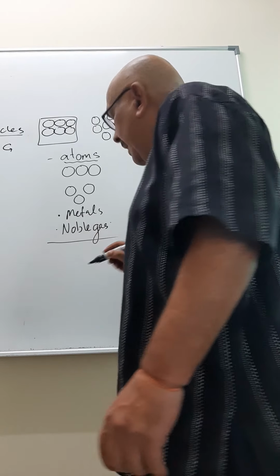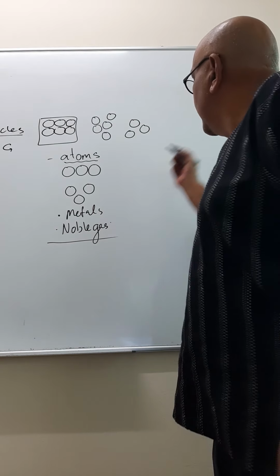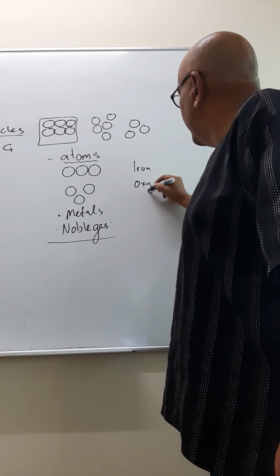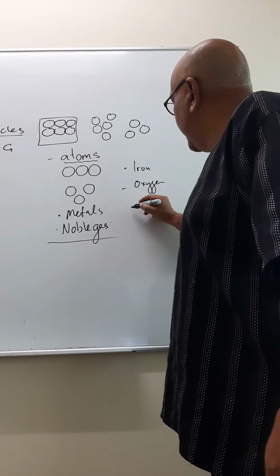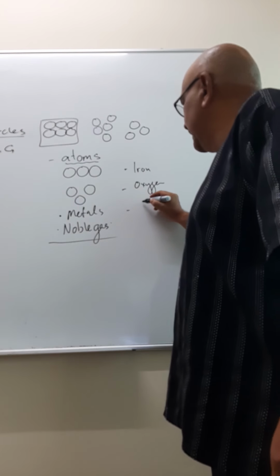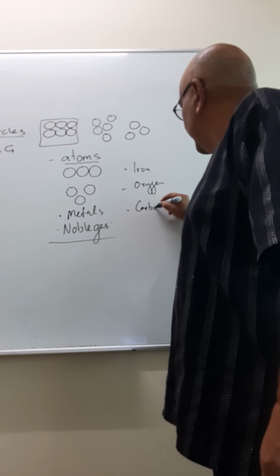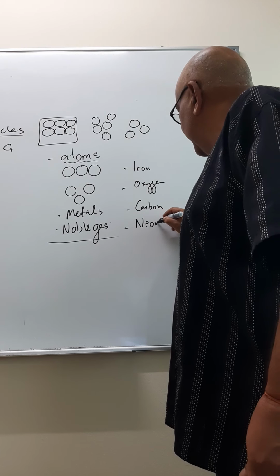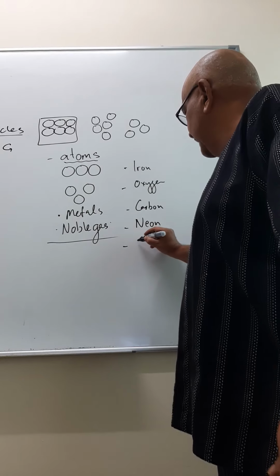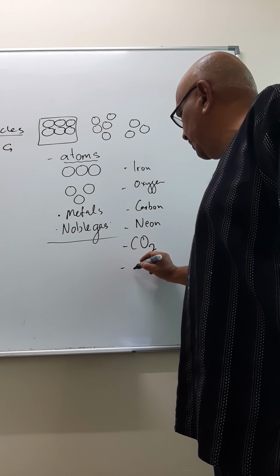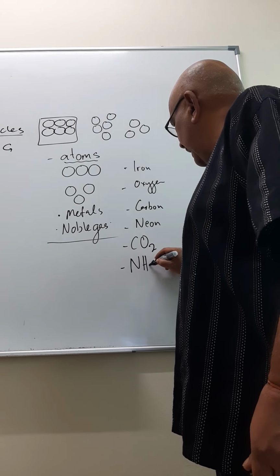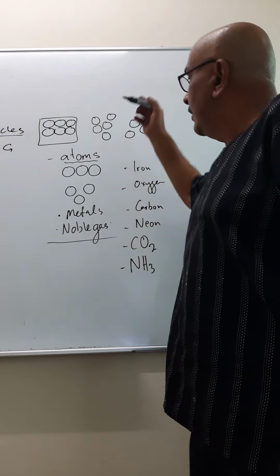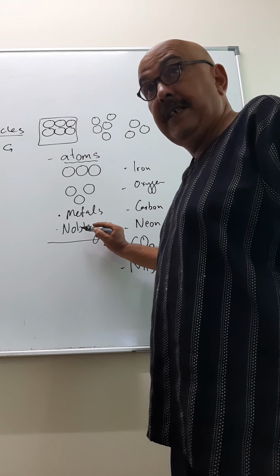So in the exam, they can give you names: iron, oxygen, carbon, neon, carbon dioxide, ammonia, and then they're going to ask you what the particles inside them are. So atoms: metals and noble gases.